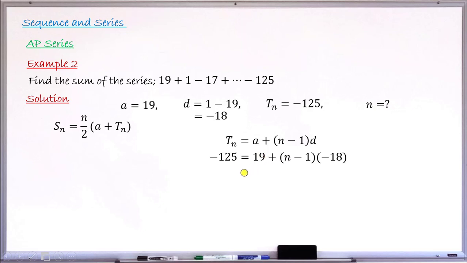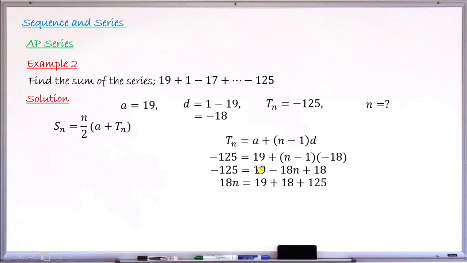So simplifying this, we now have minus 125 equals 19, opening this bracket by multiplying by minus 18. So n times minus 18 gives you minus 18n, and minus 18 multiplied by minus 1 gives you positive 18. So we now collect like terms. That gives me 18n shifted to the left, and minus 125 shifted to the right, so that I have constant numbers on the right.